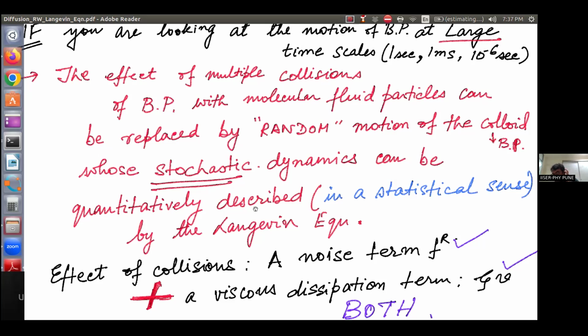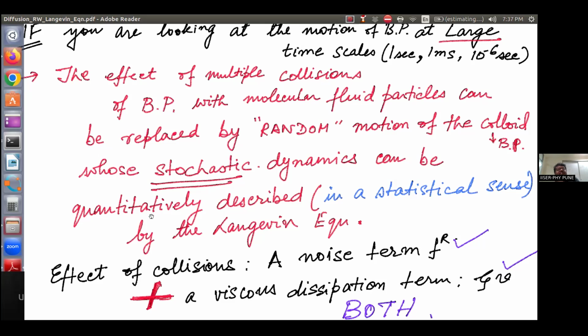quantitatively described. Now, quantitatively is not the same as Newton's equation of motion, where you know where each particle is after a certain amount of time, if you know the force acting on it and the initial velocity and initial position. Here, the particles are moving randomly.